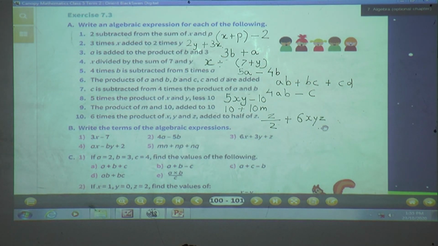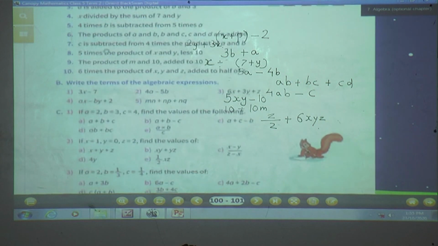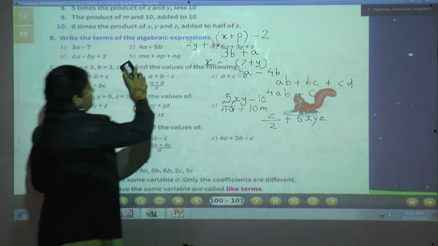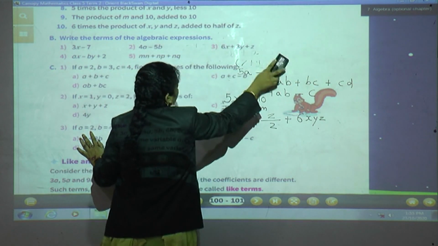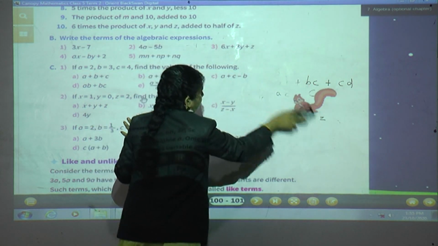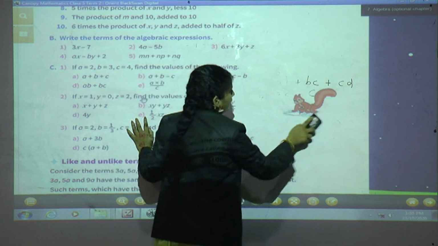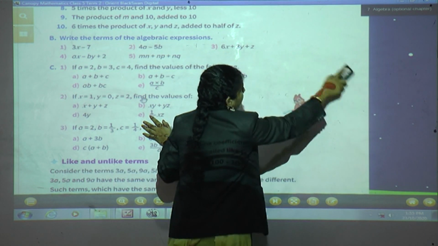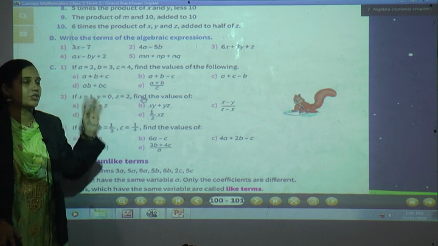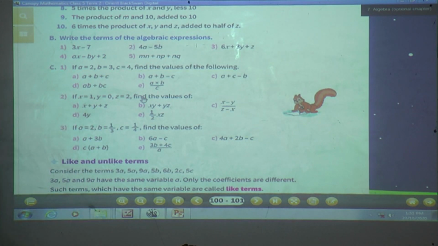So all of you understood this? Okay. Now, students, we'll see B1. Write the terms of the algebraic expressions. In the previous session I told you about the terms. In those terms, letters, numbers and the operations will also be included.